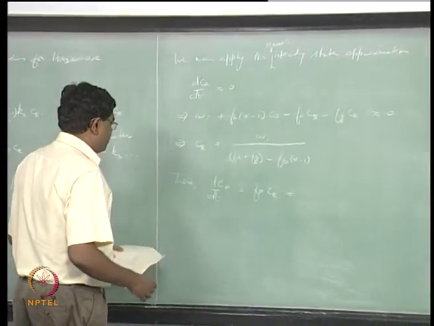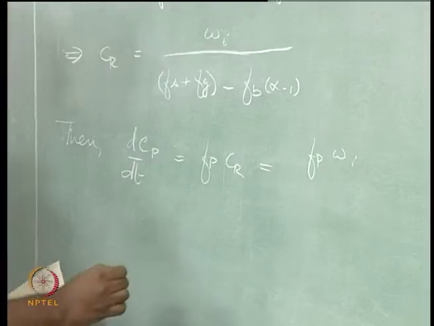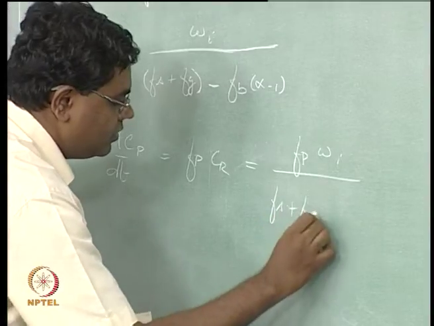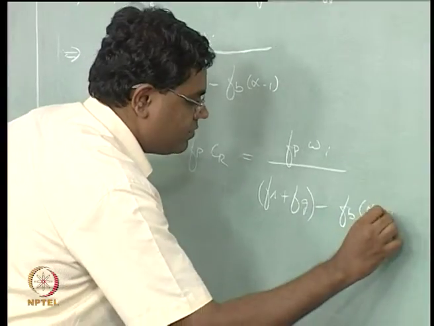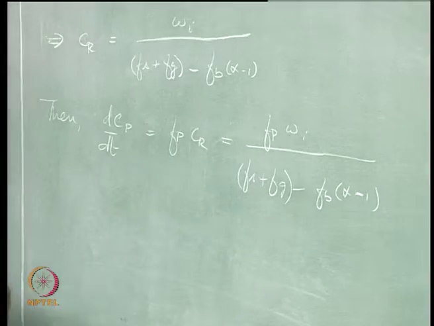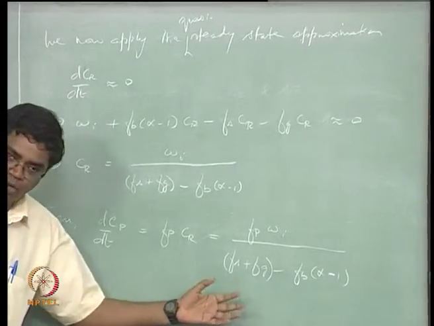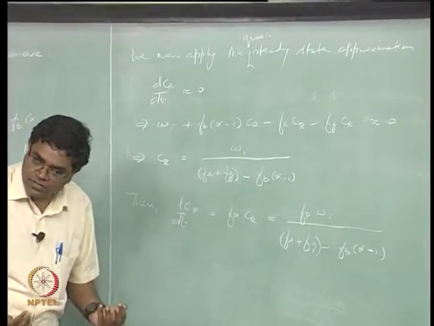Okay, so Fp Cr then is Fp omega I divided by Fs plus Fg minus Fb times (alpha minus 1). I pointed this out for you earlier in the context of, let us say, the HBr reaction, but let me do this once again, and this becomes very intuitive for us.